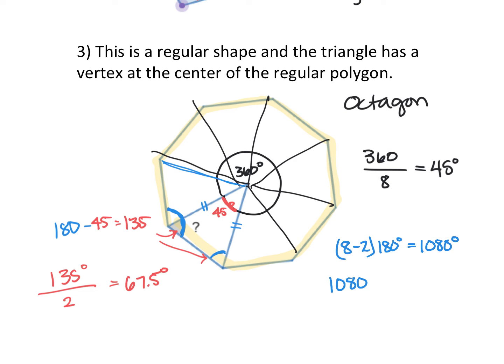And each angle in a regular shape would be divided up nice and evenly. So this would be 135 degrees. And then obviously I've only got half of it here. So 135 again divided by 2. Oops, wrong thing. 135 divided by 2 gets us that 67.5 degrees. So there's my answer again.